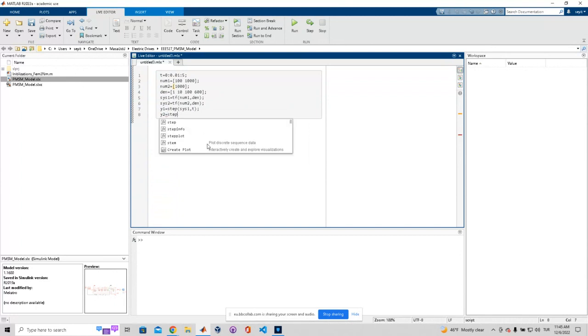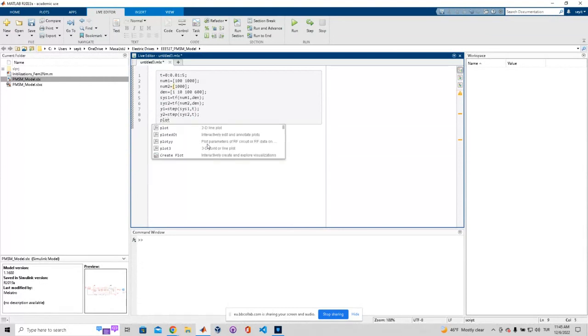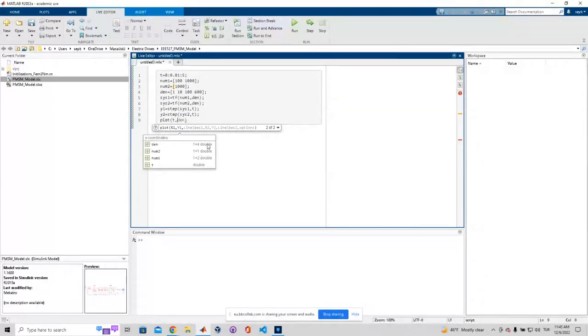All right, step response for bracket system2 comma t. And then now we're gonna plot this. For plotting it, you just write the plot function, and then you open your bracket. For the first system, you define y1, and then you go comma t, and then for the second system y2.